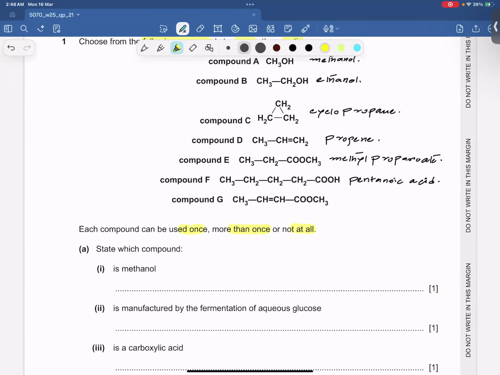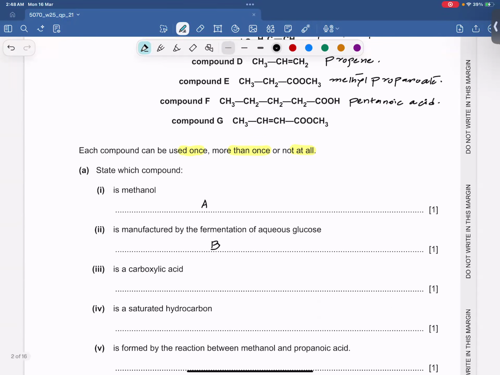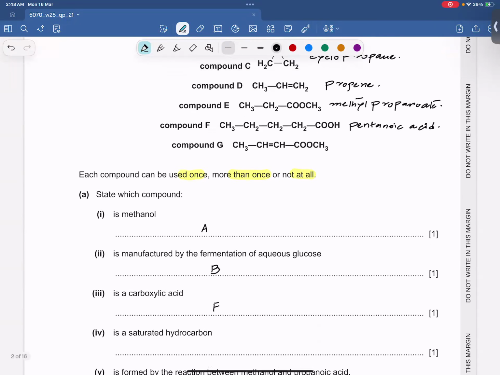State which compound is methanol. Compound A is basically methanol. Which is manufactured by fermentation of aqueous glucose? When glucose is fermented, we get ethanol, so ethanol is basically compound B. Which is a carboxylic acid? Obviously compound F is a carboxylic acid. Which is a saturated hydrocarbon?